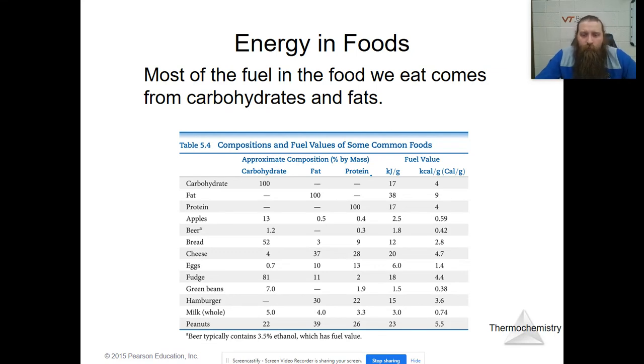Now, when we kind of scale this out of chemistry, we look at, how can we use this in the real world? Like if you're not a chemistry major, what can this equate to? Well, if you're a nutritionist, right, a lot of the energy in our food comes from carbs and fats. And if you burn those foods, you can do some basic calorimetry and calculate what their enthalpies would be, which is useful if you're a nutrition major.